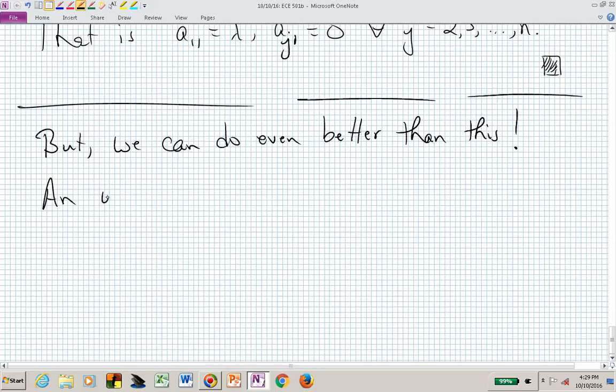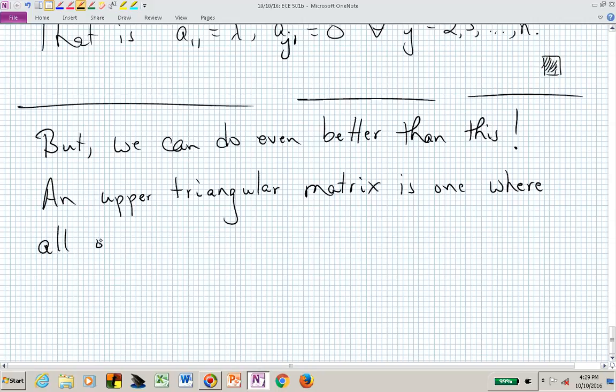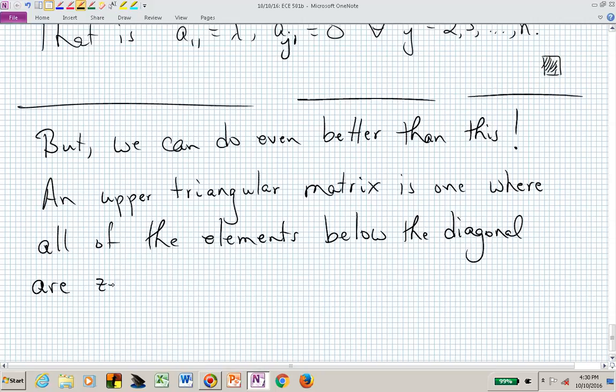An upper triangular matrix by definition is one where all of the elements below the diagonal are 0.